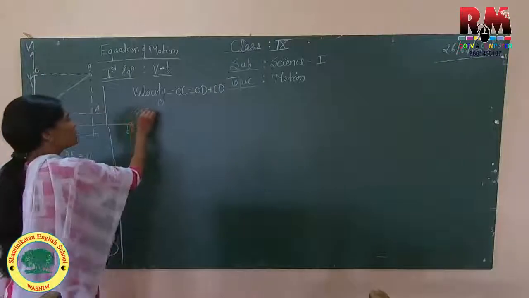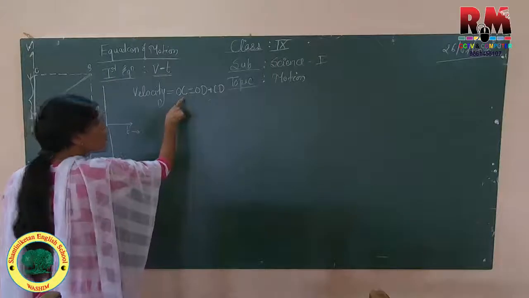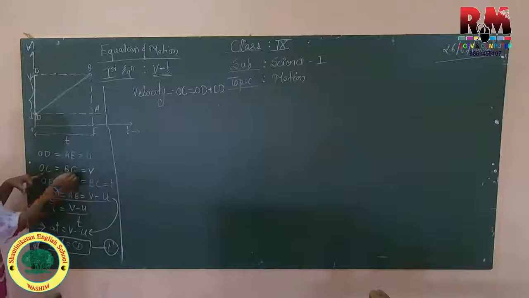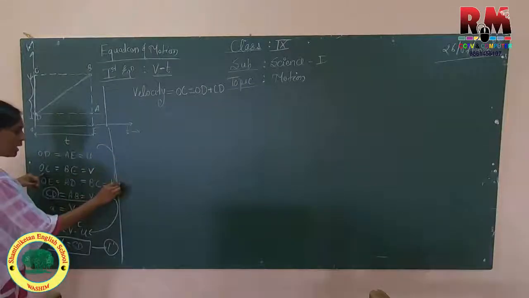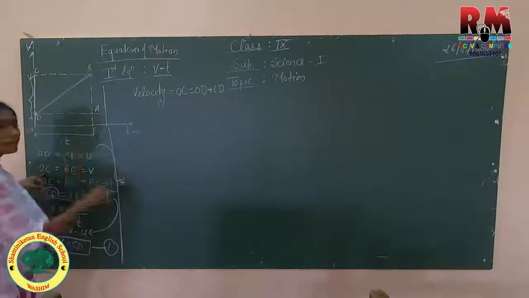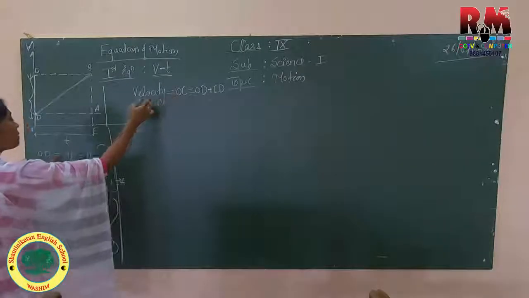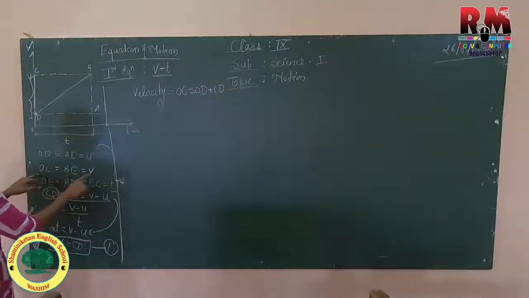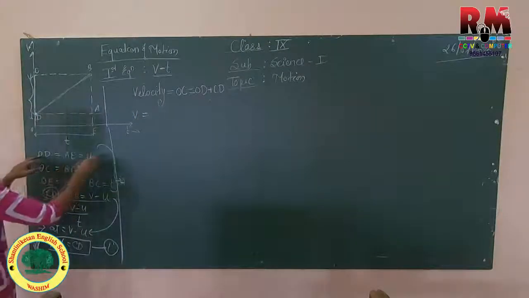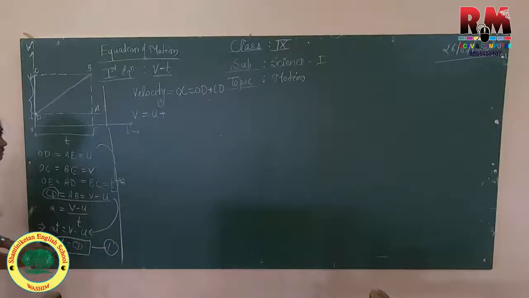Suppose I write this as equation number A. Now we use values from equation number 1. OC is V, OD is U, and CD from equation number 1 is AT.